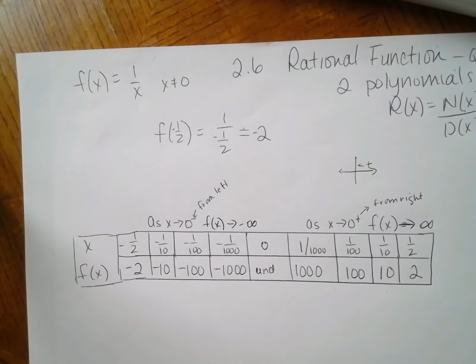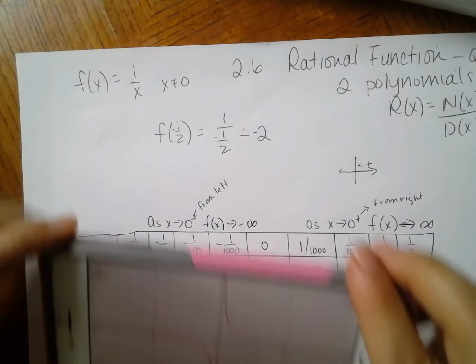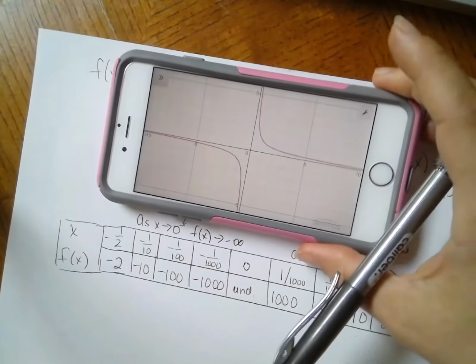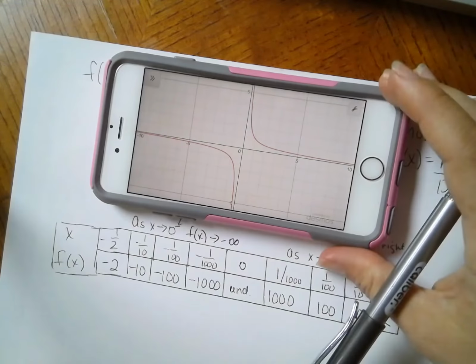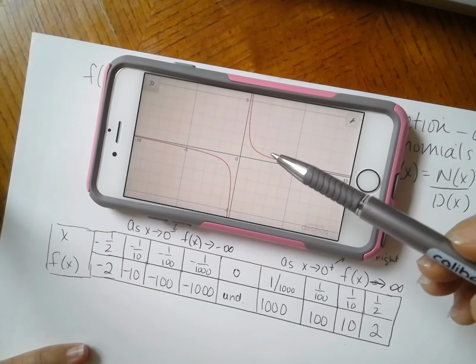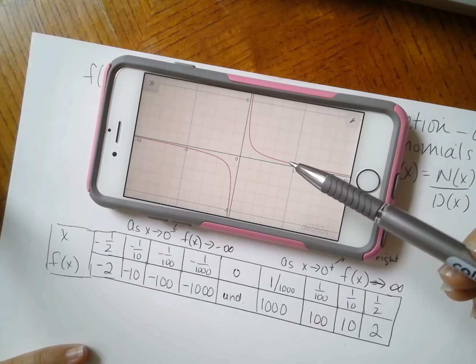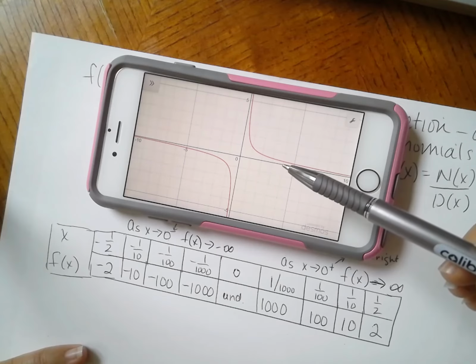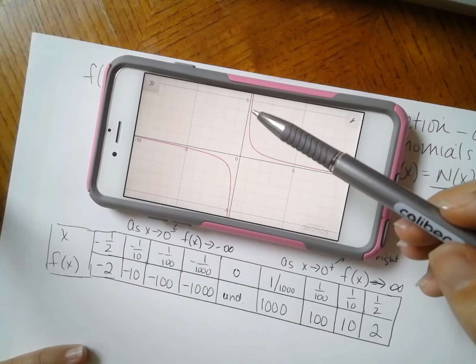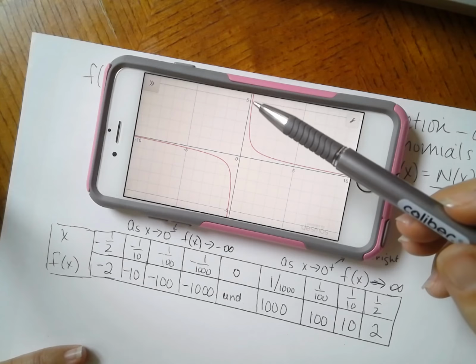So let's look at the graph. I've got my Desmos out here. This is the graph of 1 over x. Okay, so let's look at our table here. I found that as x approaches 0 from the right, so if I'm looking from this direction, then f of x goes to infinity. See how it's shooting upward, okay?